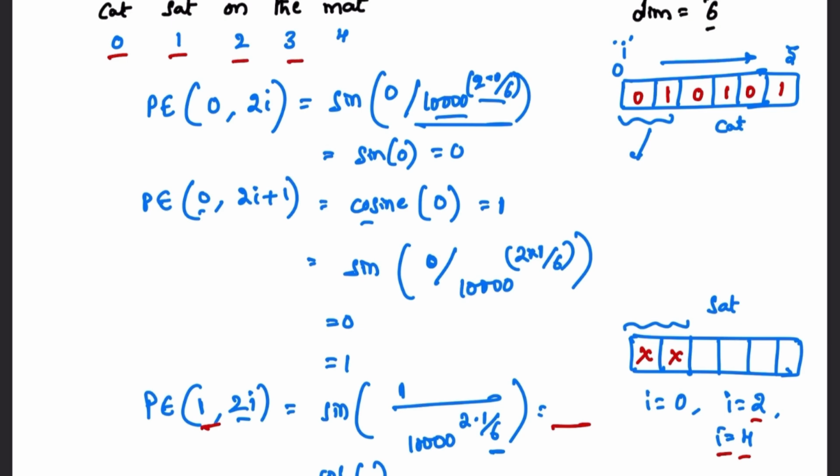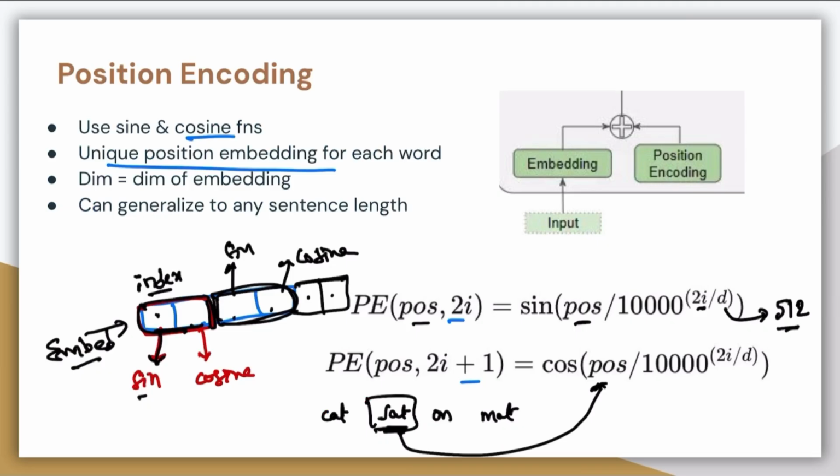Similarly, you do for the third, fourth, fifth word. Like this, you compute position encoding for different words. So it can generalize for any sentence length, because you just need to provide that particular position, and based on the dimensions you will provide the index value and then calculate this one. It will never repeat the same thing for the same word. And the uniqueness depends on the dimensions also. If you are using only a two-dimensional vector for representing the position, maybe you might get repetitions.